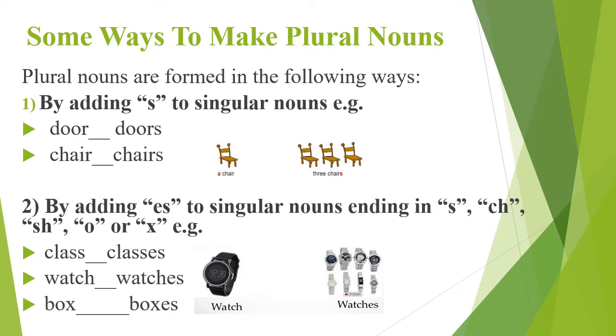For example, box, boxes, watch, watches, brush, brushes, mango, mangoes, class, classes. You can see in these words they end with x, ch, sh, o and s. So when we make their plural, we add es.